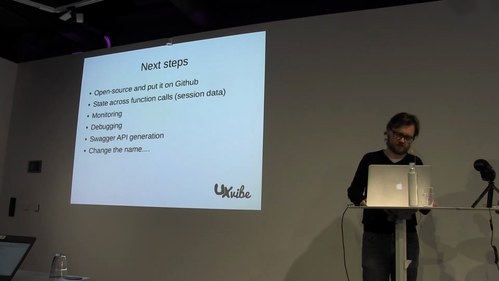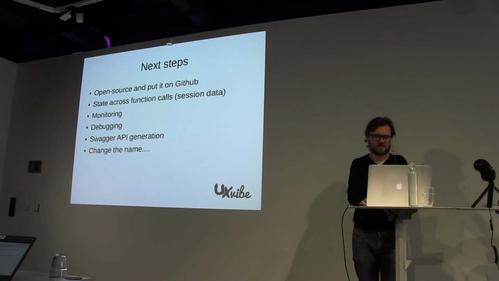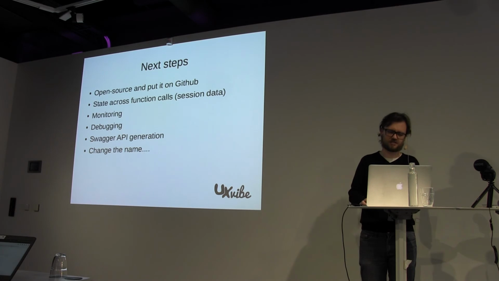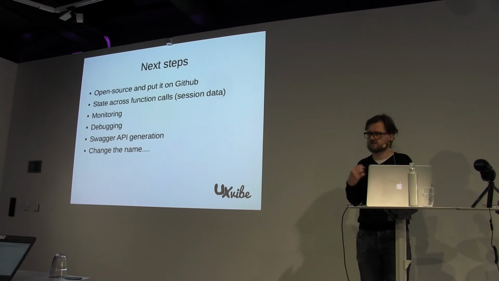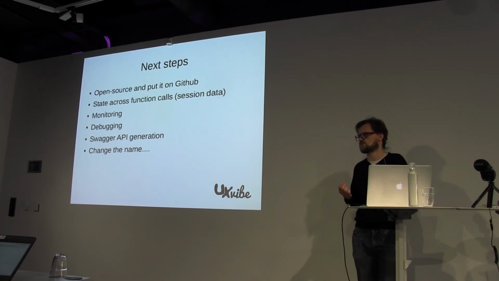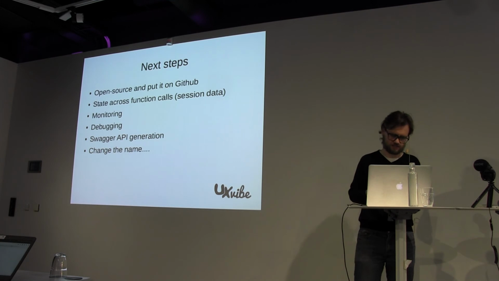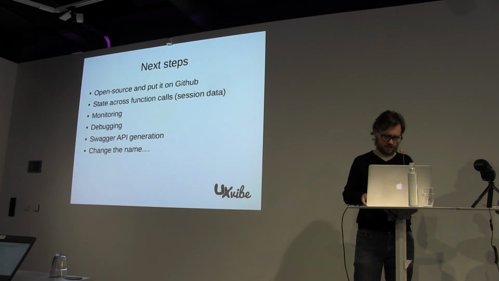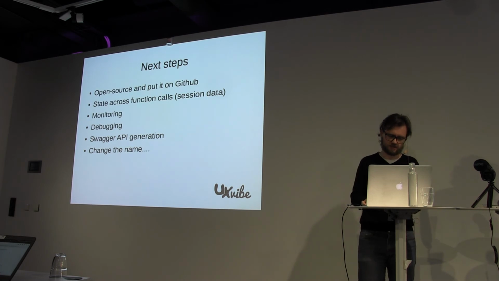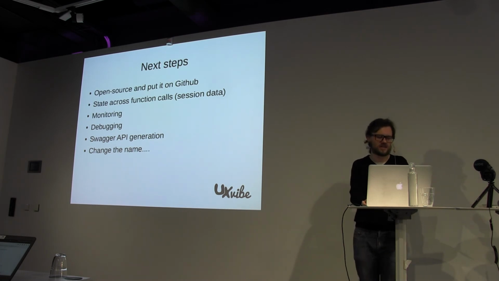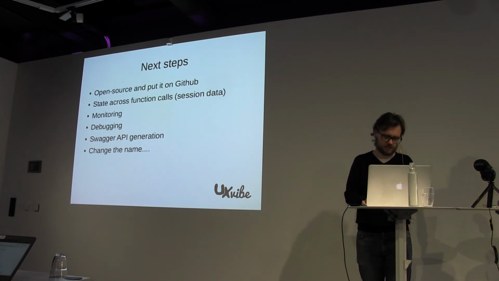So we're going to override the print function, so it streams the data to the client, so you can on the client side subscribe to the print events, basically. We would also like to have the Swagger API generation, so that you can specify the HTTP API using the Swagger description language. This is what you do in the Amazon Gateway product.